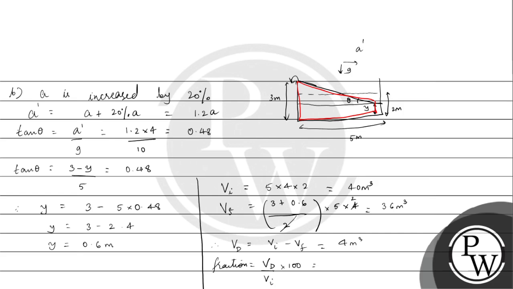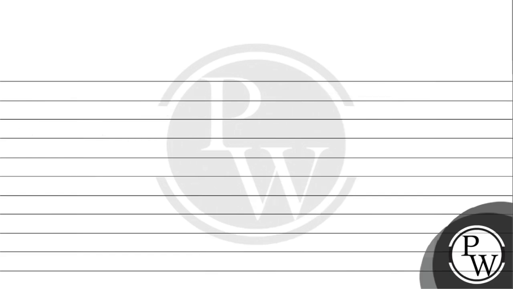So that will be 4 divided by 40 into 100, comes out to be 10%. So 10% of the water will get spilled if we accelerate the tank by increasing its acceleration to 20%. So now we will see the last sub part of the question.